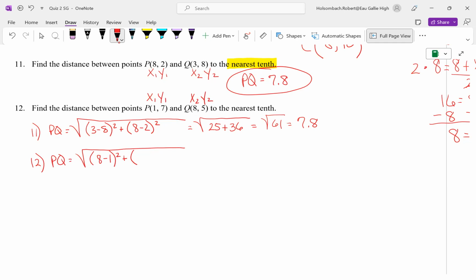Our y sub 2 is 5 minus 7 squared. 8 minus 1 is 7 squared is 49. 5 minus 7 is negative 2 squared is 4. We've got the square root of 49 plus 4, which is the square root of 53.